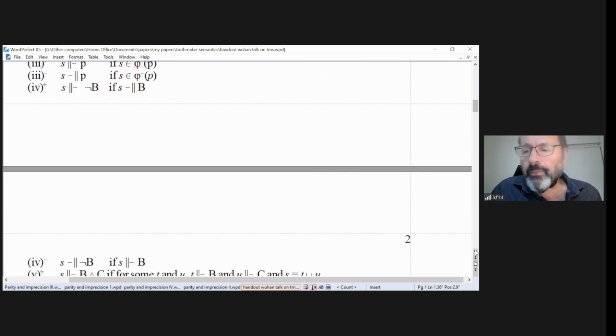When it comes to negation, we have what's sometimes called a toggle semantics. s will make not B, the negative sentence, true if s makes B false. And s will make not B false if s makes B true. So we just toggle between truth and falsity in this case.